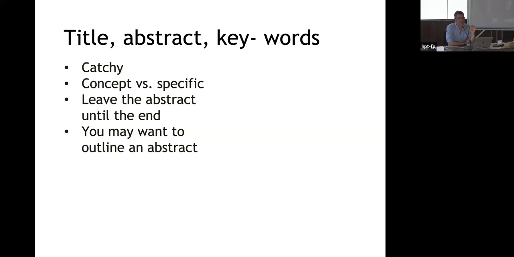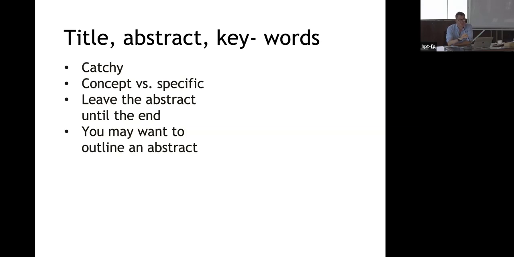If your title is very specific to a certain species or genus, it will only be interesting for those people working on that particular genus. And if you are working on a rare, obscure plant or insect, that won't be interesting. So again, in your title, be catchy and present something that is conceptual.